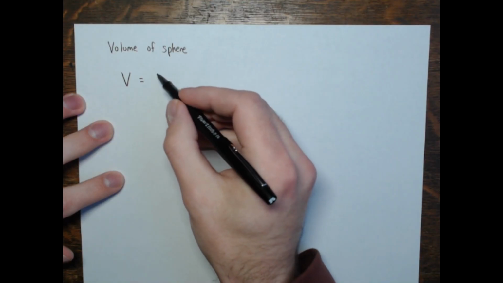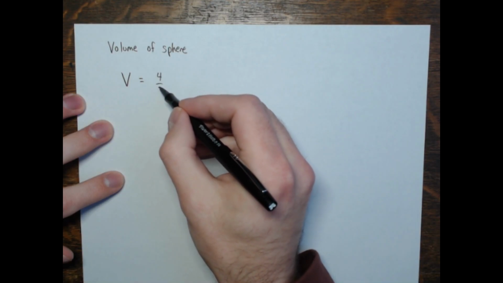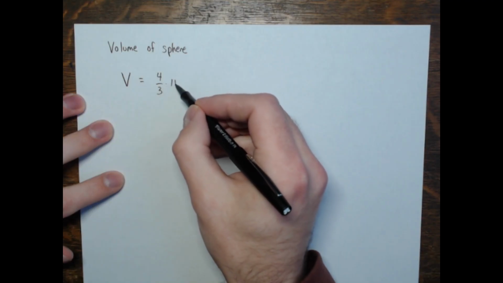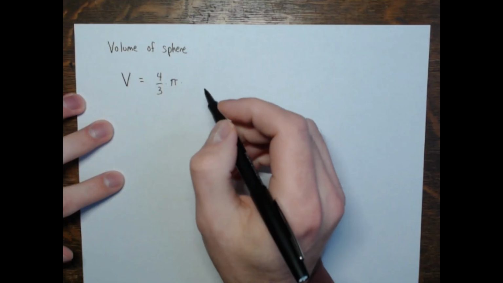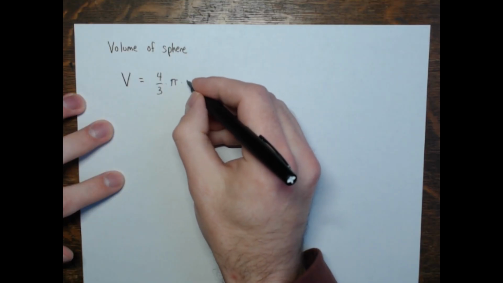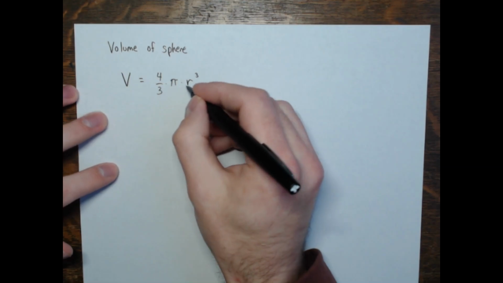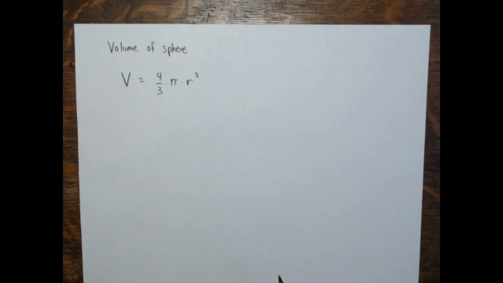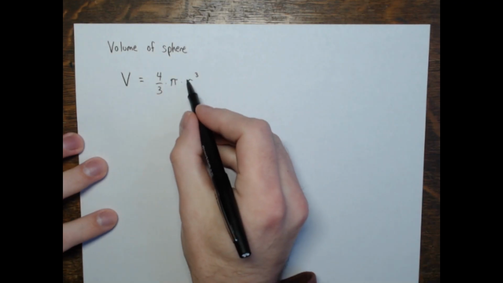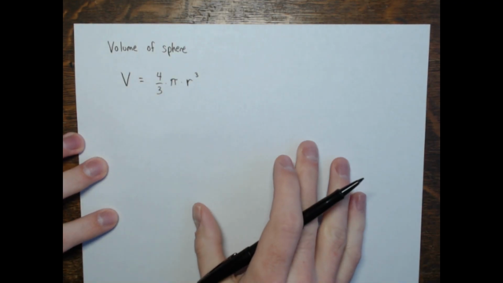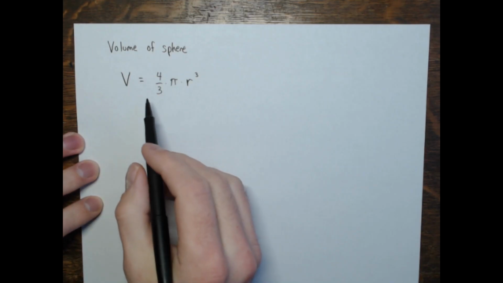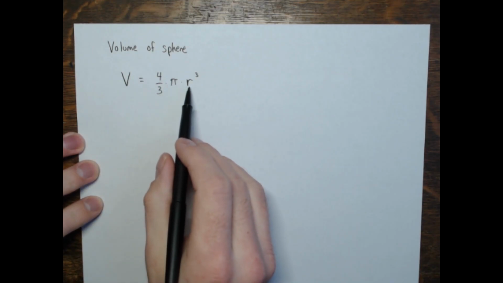The volume of a sphere is 4/3 times pi times the radius of the sphere cubed, right? Because this needs to be in cubic units for volume. So that's the volume in terms of the radius.